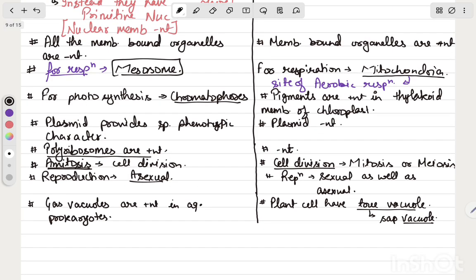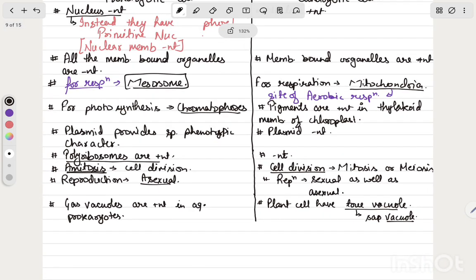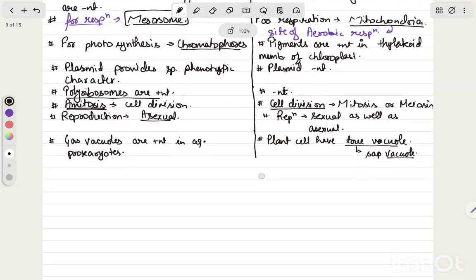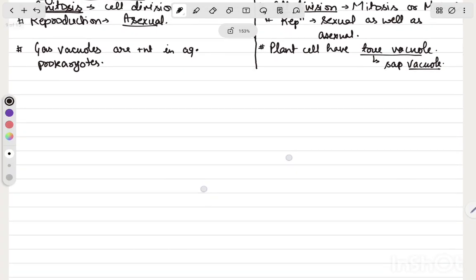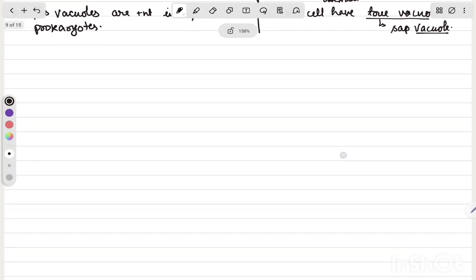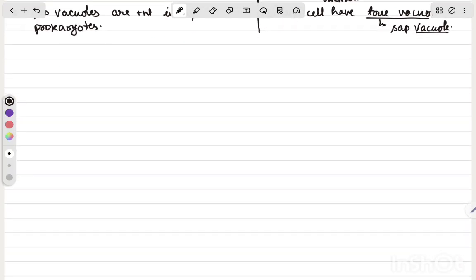Now, since we have discussed all the points about prokaryotic cell, we'll start with eukaryotic cell. An overview of eukaryotic cell. In eukaryotic cell, first we are going to discuss a plant cell.